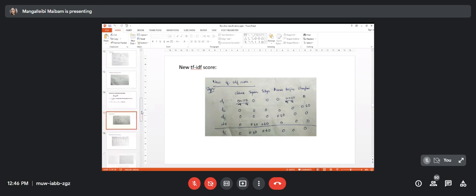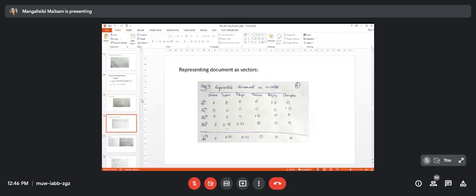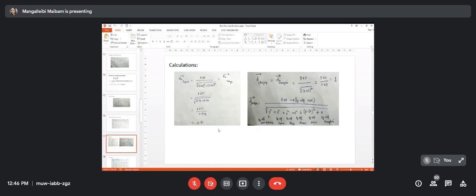Now step number 4, representing the document as vectors. For this also you can see here. To represent it as a vector, we need to calculate this formula.